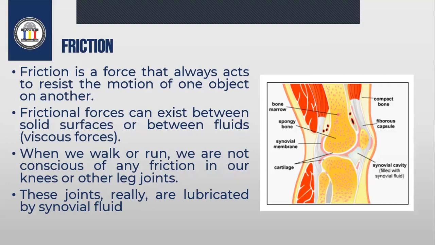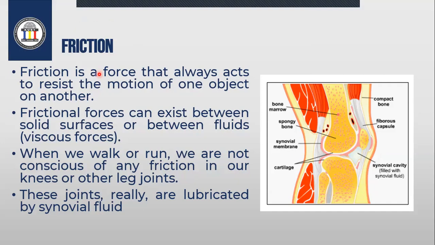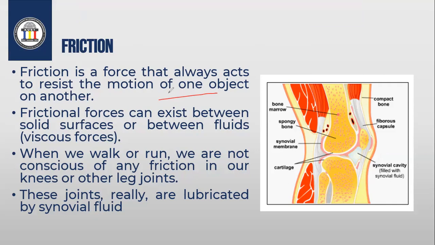Today we talk about friction. Friction is one of the types of forces, of course, a contact force, that always acts to resist the motion of one object against another. So if you have an object here and you are pushing on that object, at the contact between these two objects a friction force appears.